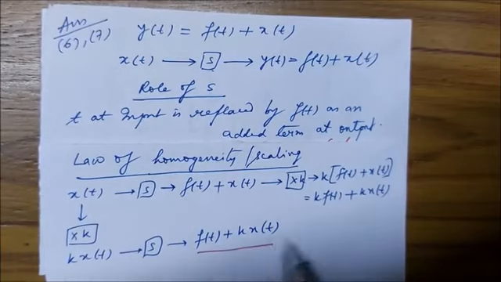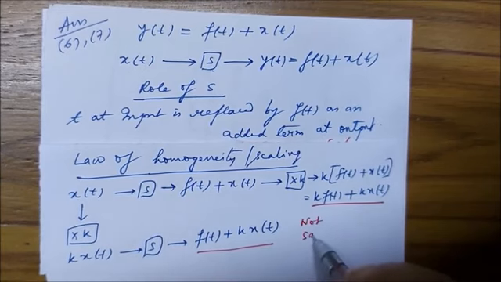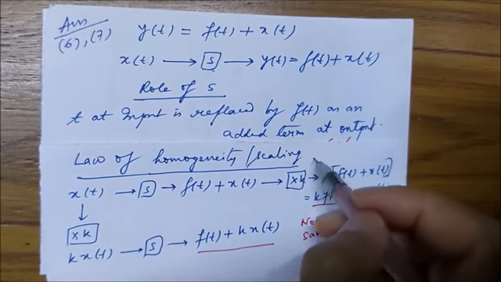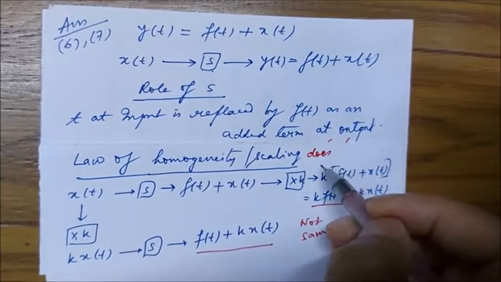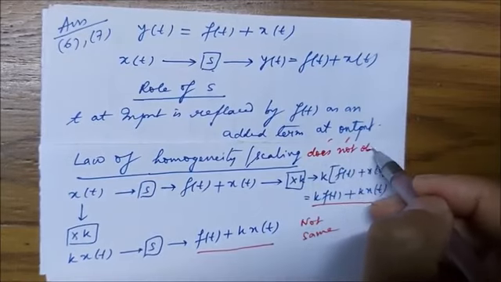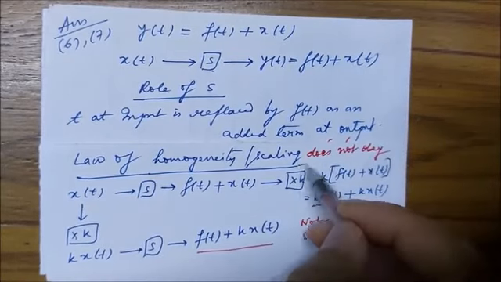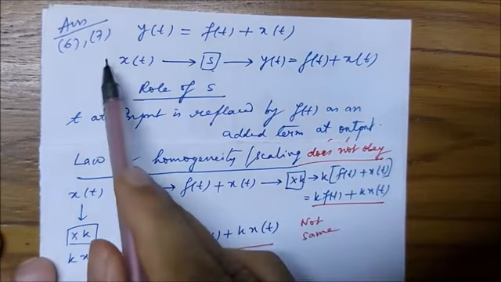And obviously these two terms are not same, implying that law of homogeneity or law of scaling does not hold, does not obey for the system mentioned in 6 or 7.